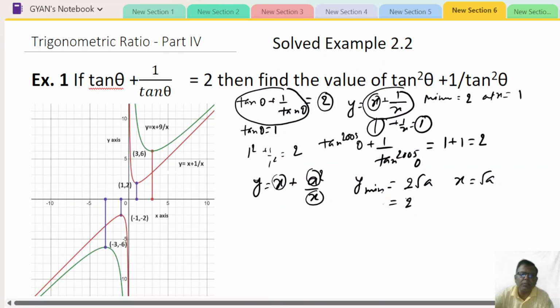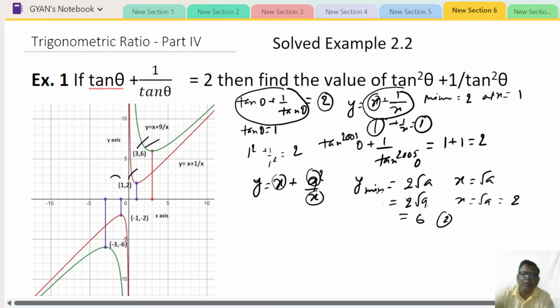Here if we put 9, then it will be 2 root 9, and x is equal to root 9, that is 3. That means y is 6 and x is 3. From coordinates also you can see the x coordinate is 3, y coordinate is 6. Here the x coordinate is 1, y coordinate is 2.